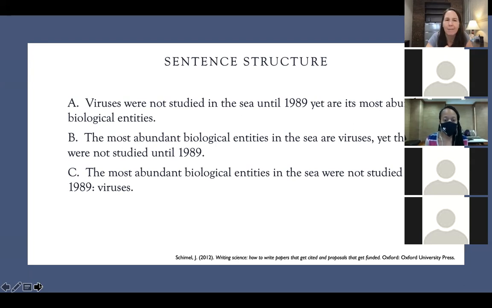So we know something about the timeline is going to be important. In sentence C, we emphasize the surprising new information: the most abundant entities in the sea are viruses. So that's going to alert us to what's coming up in the sentences ahead.